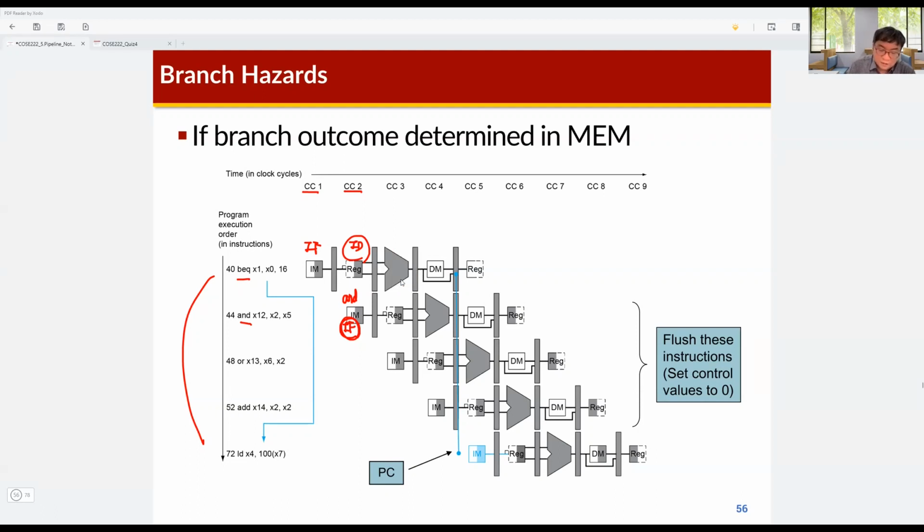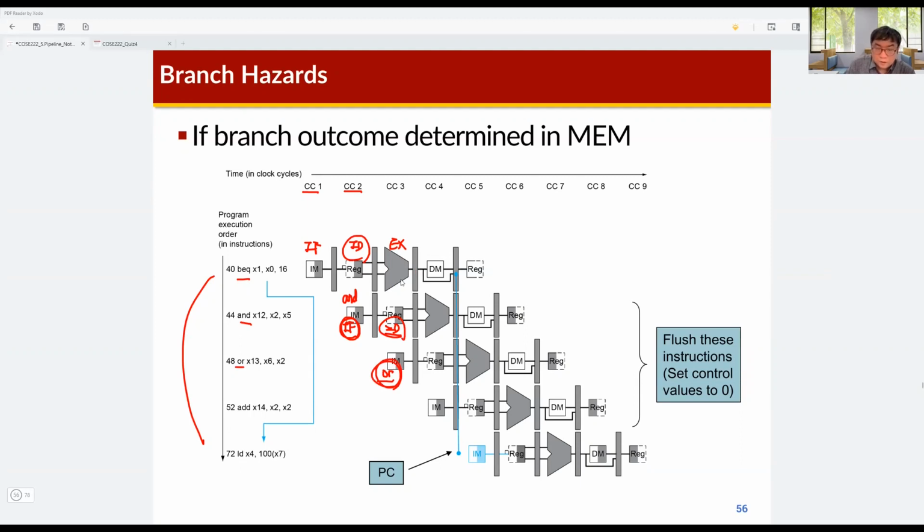In the next cycle, clock cycle number 3, the branch is in the EX stage, AND is in the ID stage, and OR is in the instruction fetch stage.